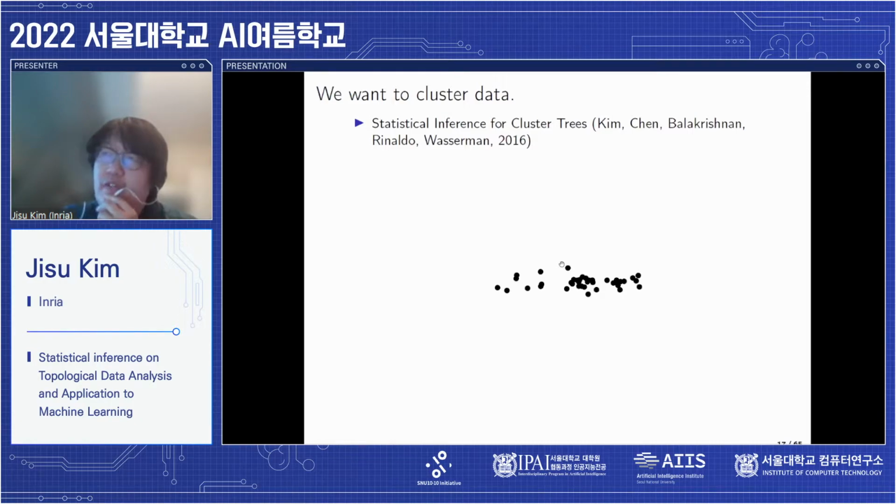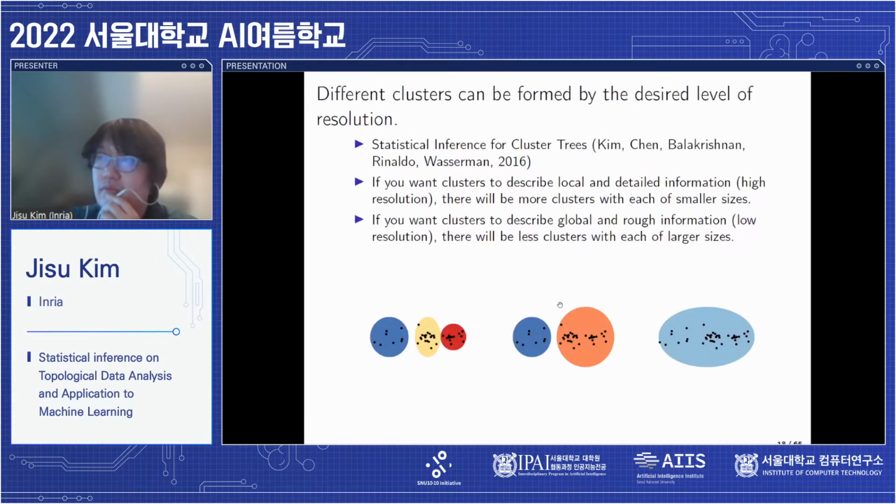So the problem here is as follows. We have some data like this, and then we want to cluster the data, which is also a classical problem in statistics and machine learning. And for doing that, if you want the clusters to describe very local and detailed information, then you will probably want to cluster points into 3 groups like this.